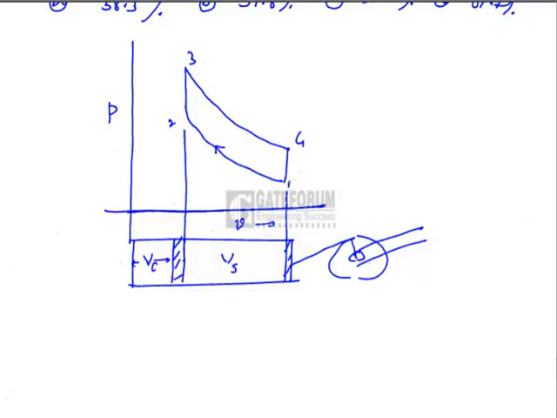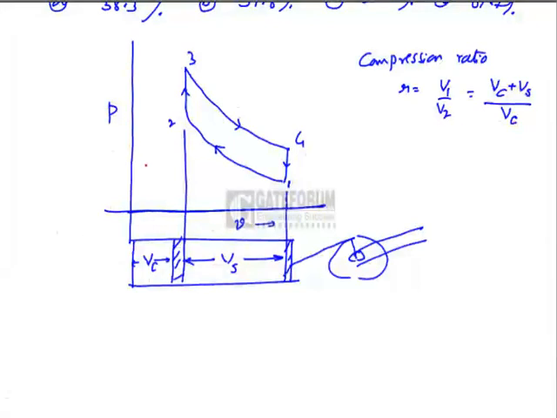V1 minus V2 becomes the swept volume or stroke volume. The compression ratio R is defined as V1 by V2, which can be written as Vc plus Vs, that is clearance volume plus swept volume, divided by V2, that is equal to the clearance volume. It becomes 1 plus Vs by Vc.